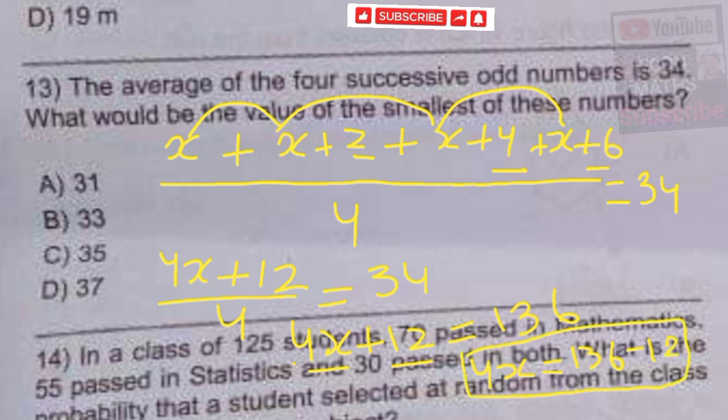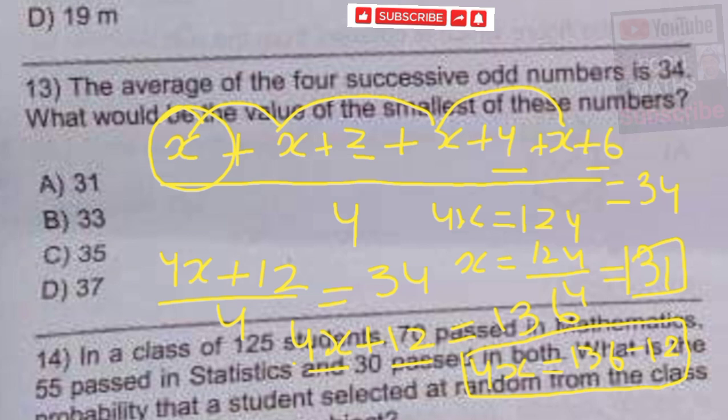Now this means 4x is equal to 124, or x is equal to 124 divided by 4. 4 3s are 12 and 4 1s are 4. So x is 31. So x would be the smallest here.